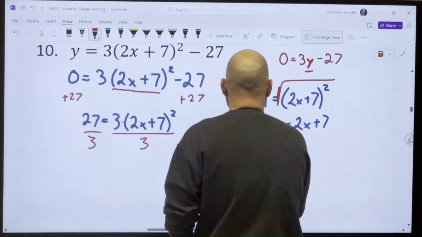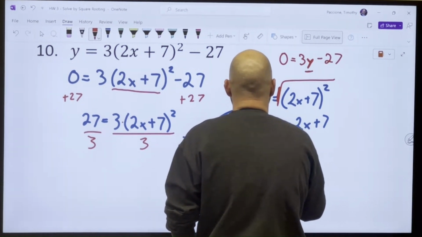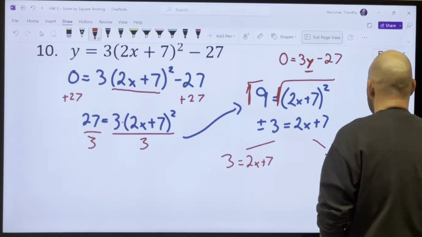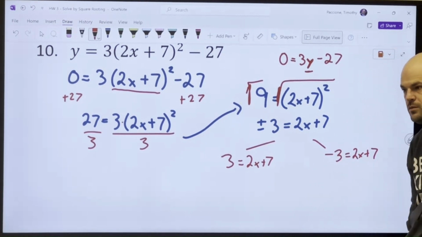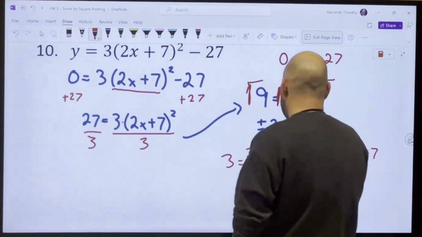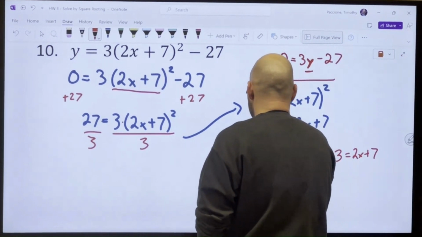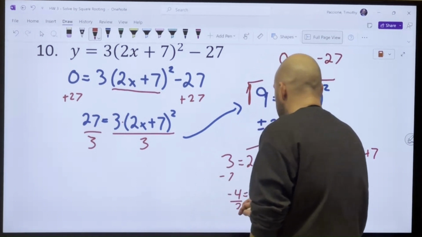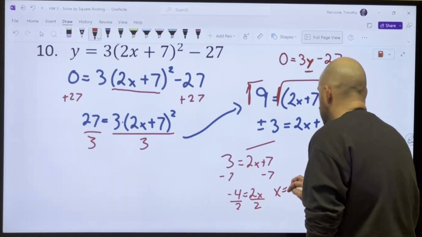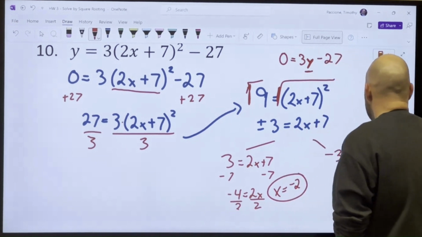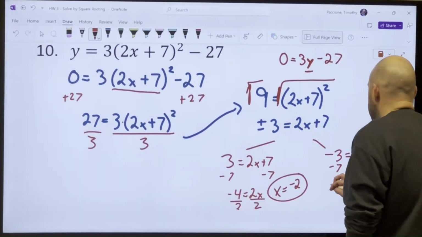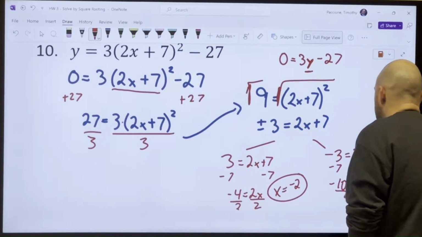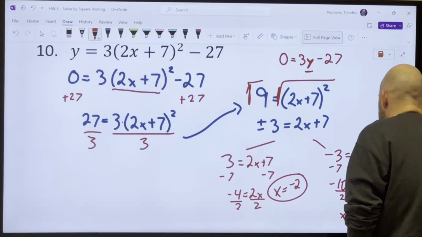I have 3 equals 2x plus 7, and I have negative 3 equals 2x plus 7, and I just solve each of those. Okay? So that would be minus 7, minus 4 equals 2x, divide by 2, x equals negative 2. Here, minus 7, negative 10 equals 2x. Divide by 2, x equals negative 5.